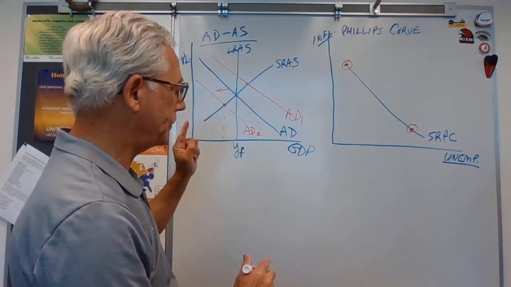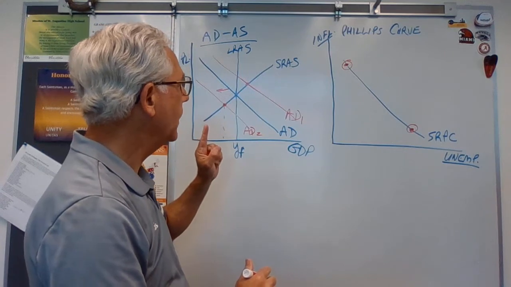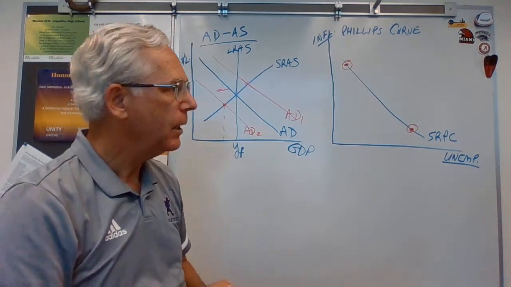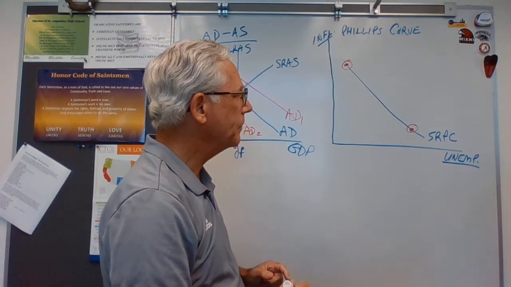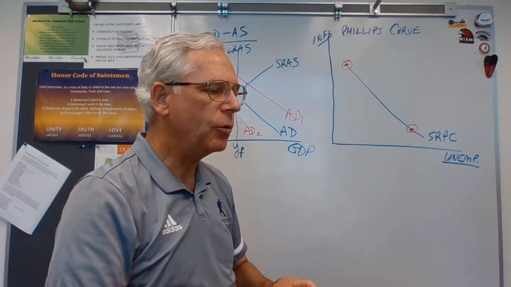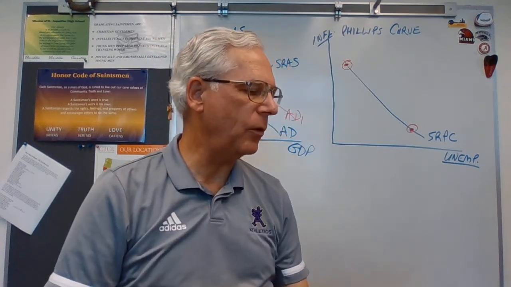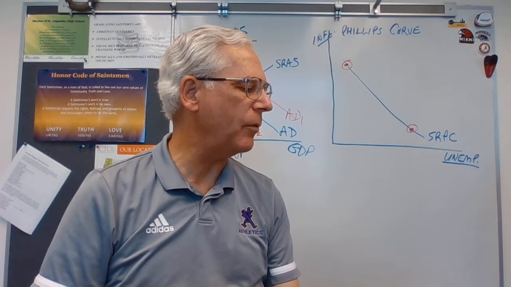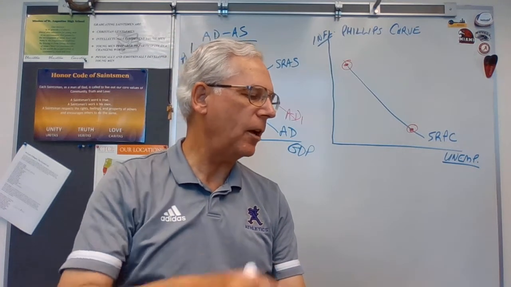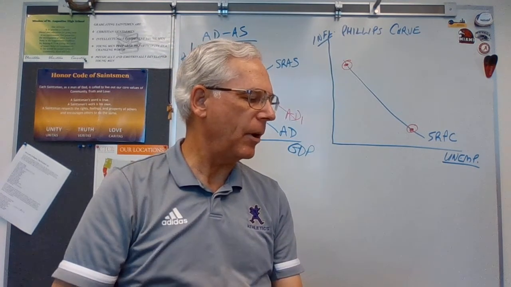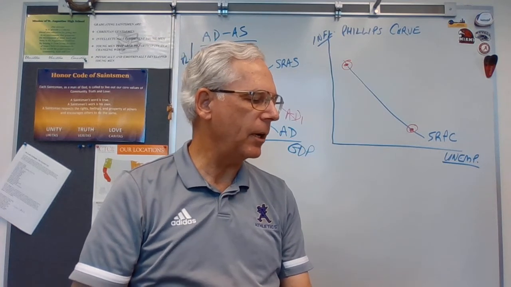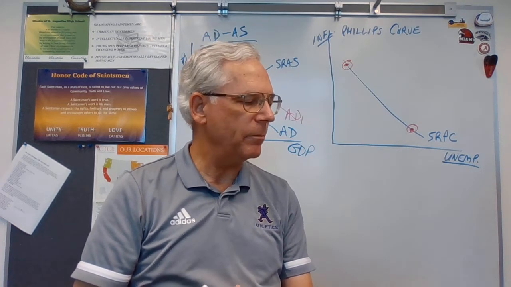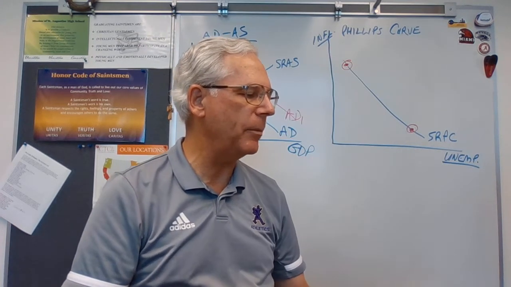Now, what we found over time is that when you took a look at the points on the Phillips curve on page 776, you see that they all kind of clump around to the right or to the left of something around 5 to 6% unemployment.